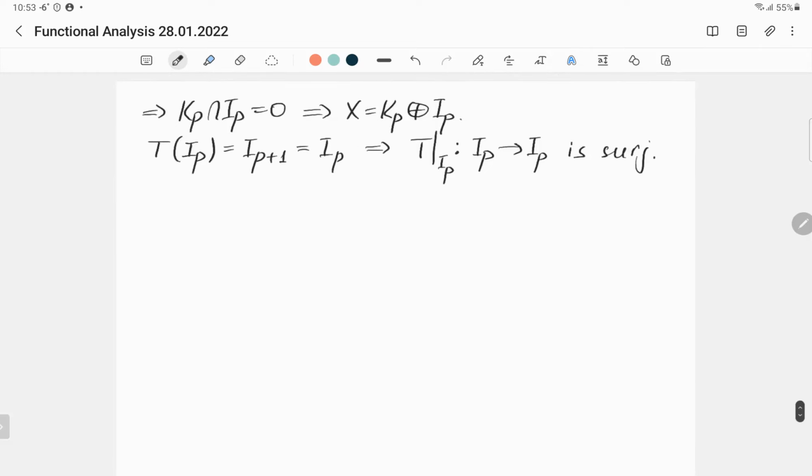Well, we already know that the intersection of Kp and Ip is 0. And the kernel of T, which is just K1, is contained in Kp. So this implies that the intersection of the kernel of T and Ip is also trivial.